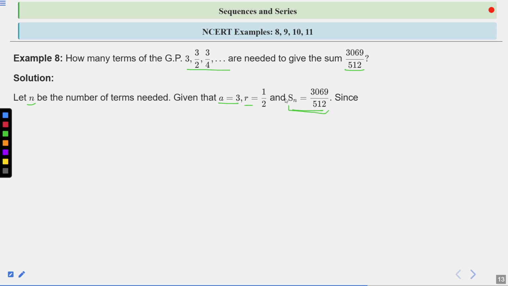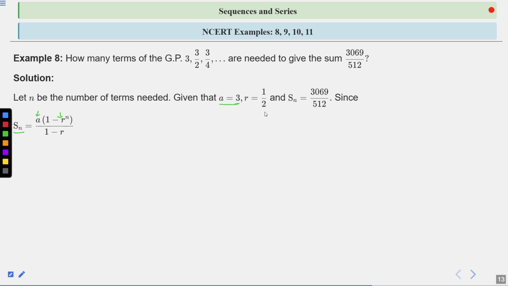I know the formula for the sum of first n terms in my GP. Using it, the sum is A times 1 minus R raised to power n, divided by 1 minus R, where A represents the first term and R represents the common ratio.